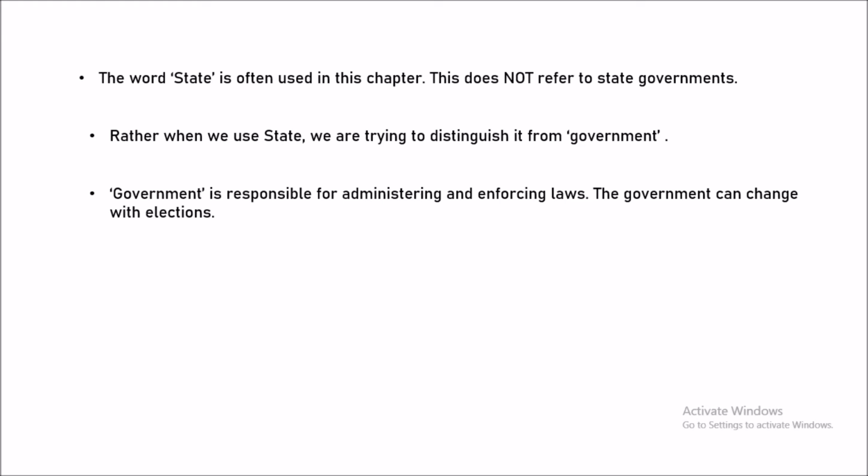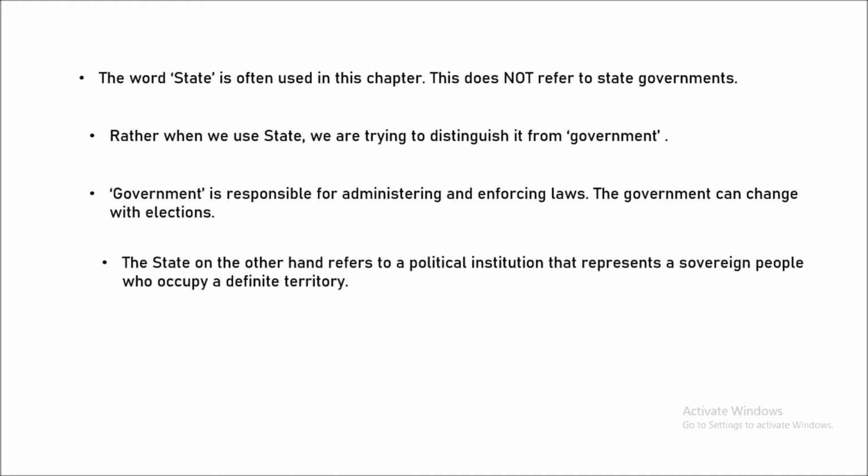With the elections, there can be a change of the ruling government. The party which is in power might lose, and the party which is in the opposition can become the ruling party.